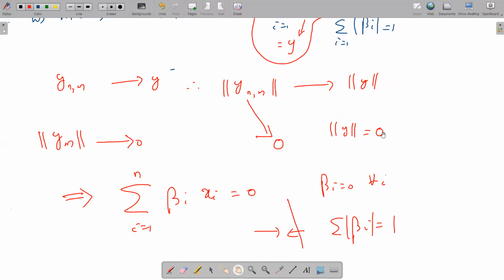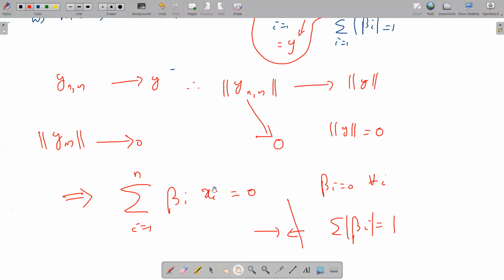Norm y equal to 0 means y equal to 0. That implies sigma i from 1 to n beta i xi equals 0, where these xi's are linearly independent. But that can happen only when beta i equals 0 for all i. And that is impossible since sigma i from 1 to n beta i equals 1.